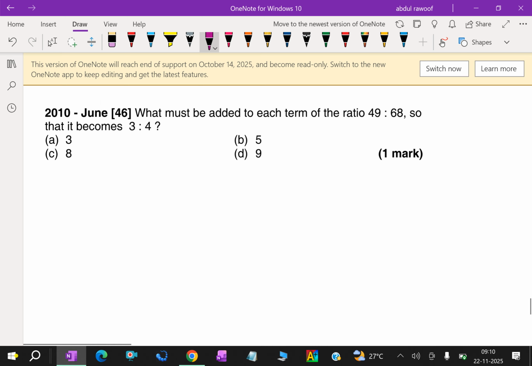Next question. What must be added to each term of the ratio 49:68 so that it becomes 3:4? Look at this.